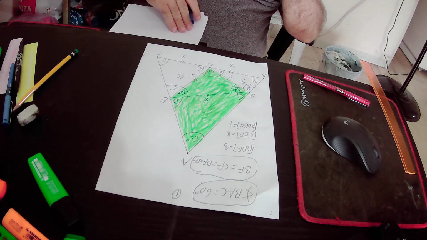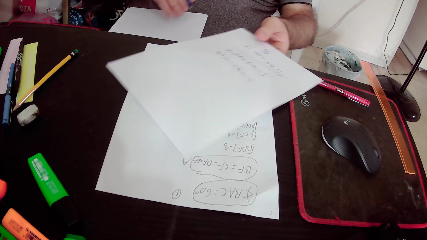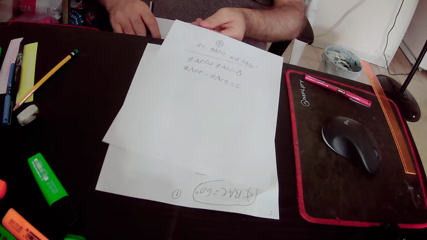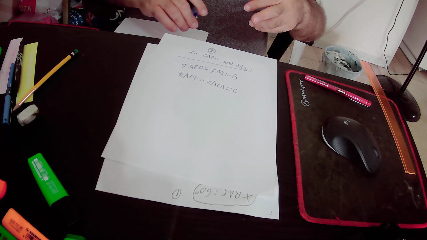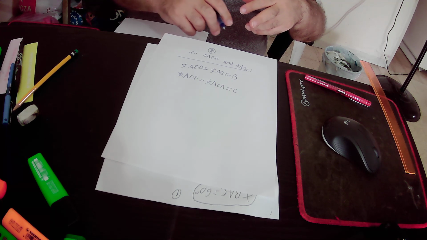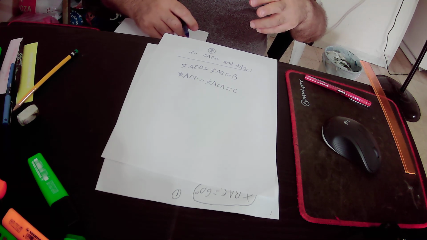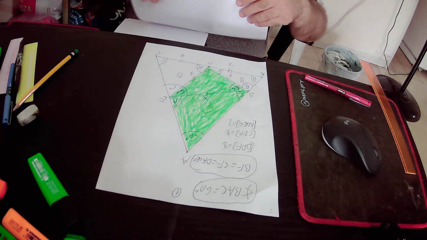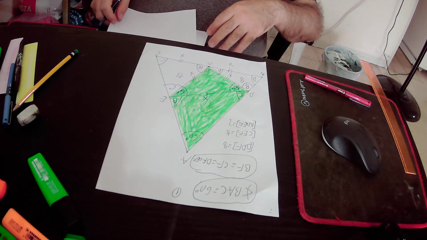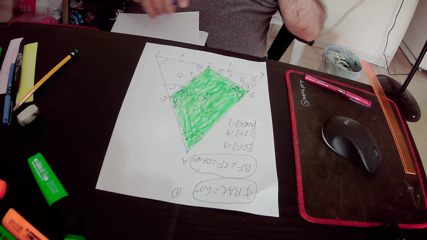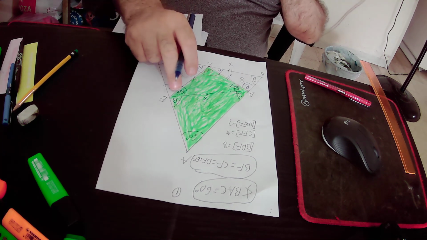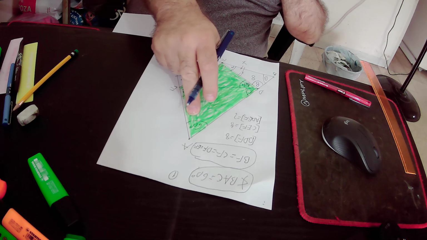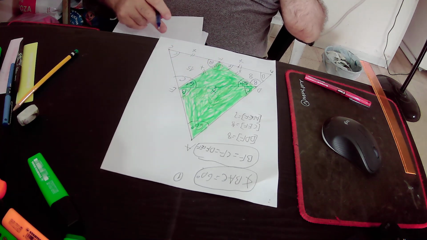Okay, so we found that those two triangles, triangle AED and triangle ABC, have two angles that are equal to each other, and actually angle BAC that equals 60 degrees is a common angle.